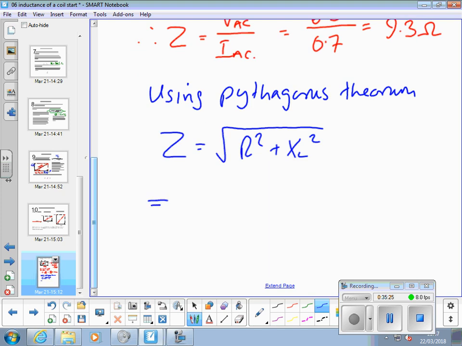That rearranges to XL is equal to the square root of Z squared minus R squared. If you can't see that rearrangement, say so.